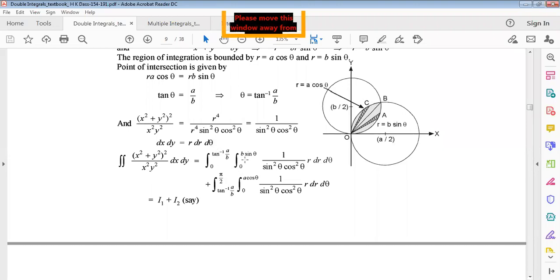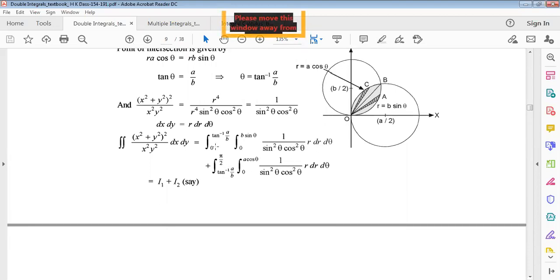Sorry, this is the value of angle theta, and this is the value of r. R means modulus, and theta is the argument. Remember it. The angle runs 0 to tan inverse b by a, and the integrand is 1 by sin square theta cos square theta, r dr d theta.